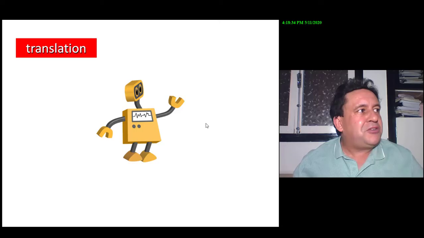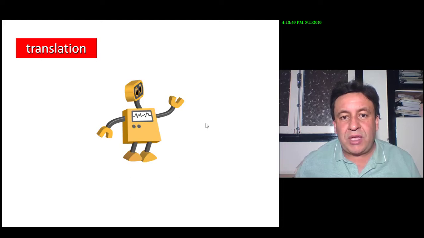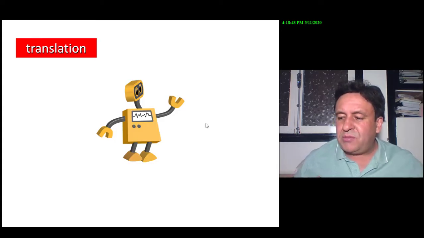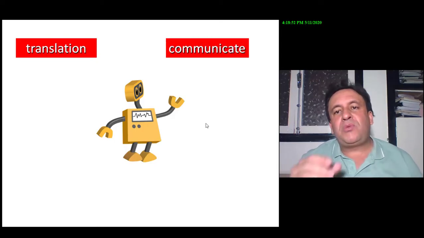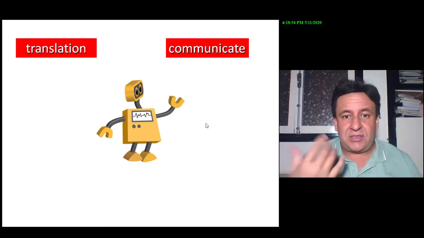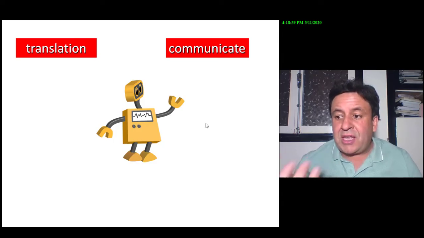Okay, but imagine, for example, that we have one universal format, one universal structure. If this is the case, then all that this program has to do is to use the structure that it already has to differentiate between the first language and the second language. Okay, imagine, for example, that we want this robot to communicate with us. We would like to have a talking machine, a machine that can talk to us.